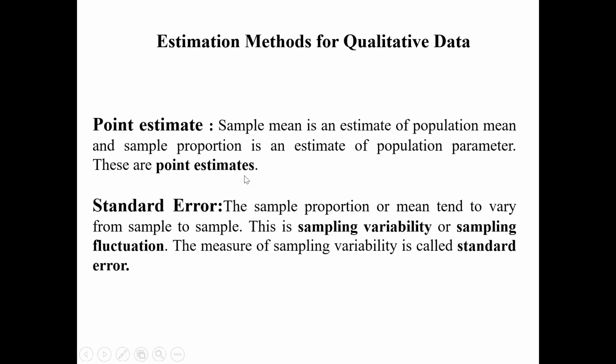So the sample proportion or mean tends to vary from sample to sample in a population. This is the sampling variability or sampling fluctuation. The measure of this variability within the different samples is called the standard error.